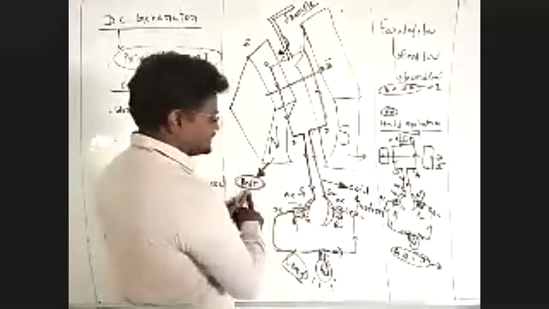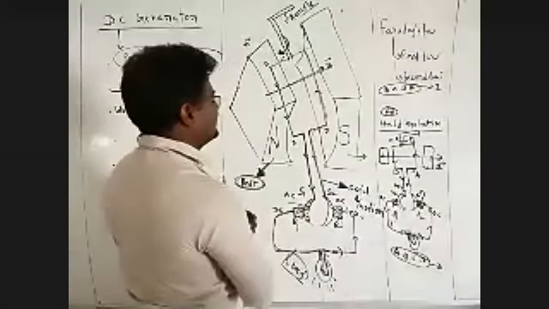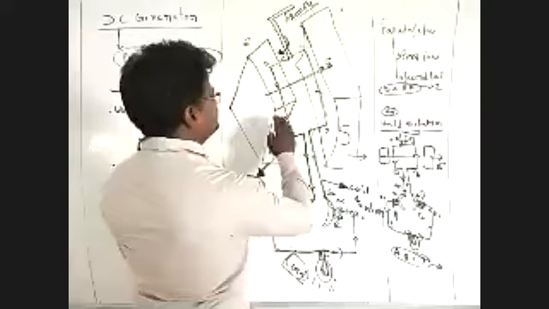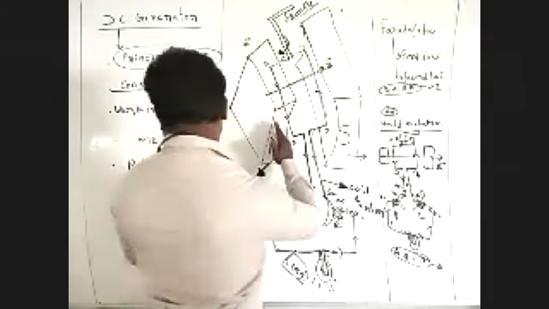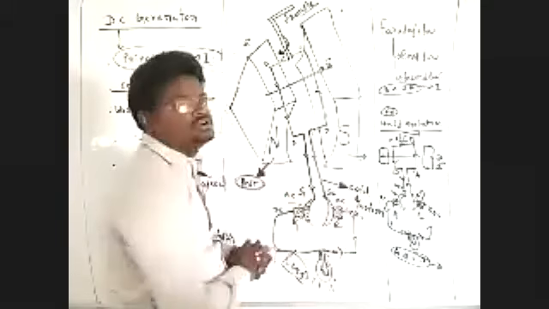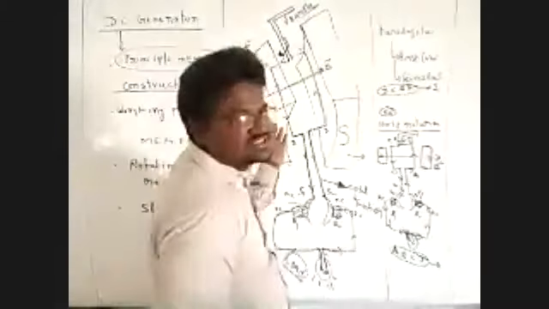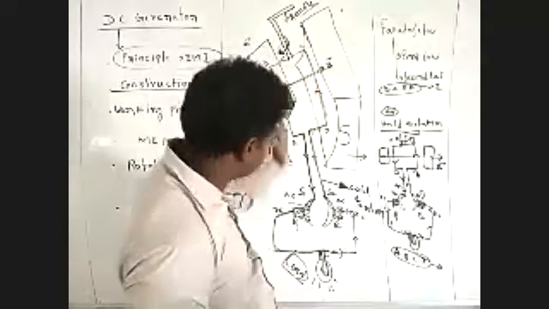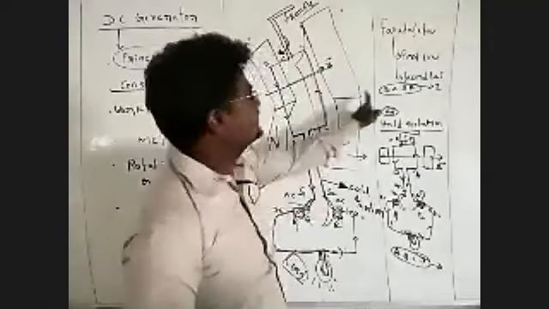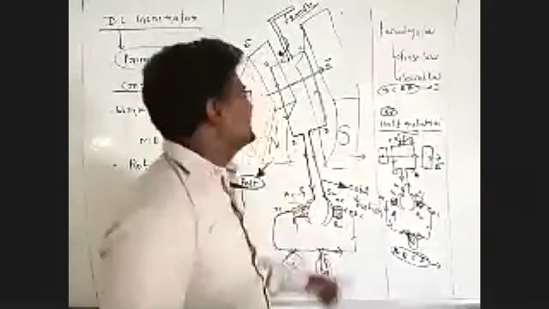The magnetic lines go from north to south. The change in magnetic lines linked with the coil induces EMF, and induced current is set up in this coil. This is the direction of current.